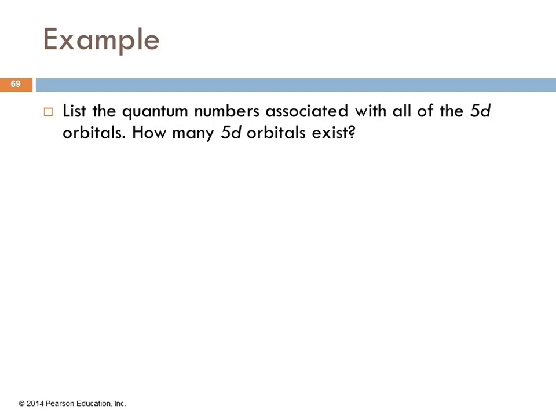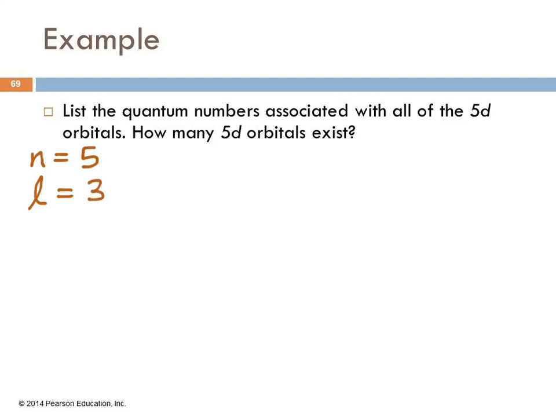Let's go on. List the quantum numbers associated with all of the 5D orbitals. Okay, so this will be good. So 5D, what is n? Has to be 5, right? And the D tells us that L equals what? SPD, 0, 1, 2.